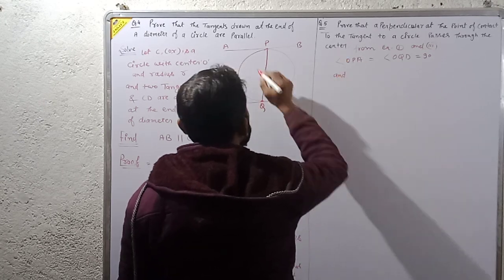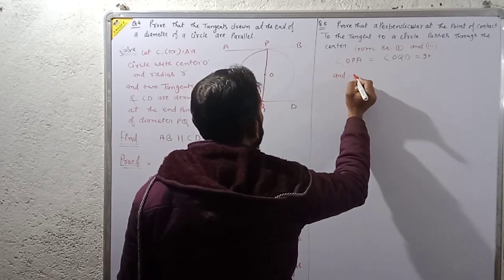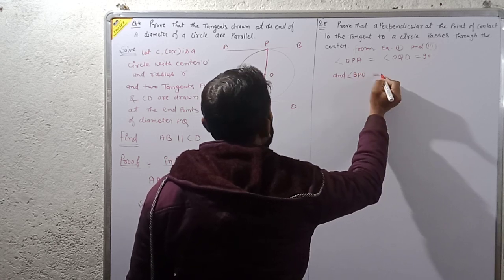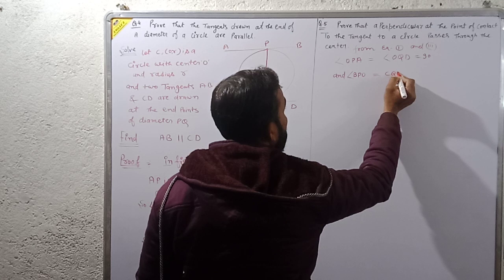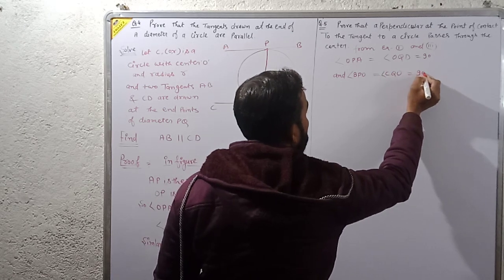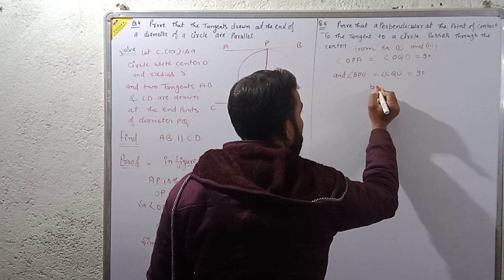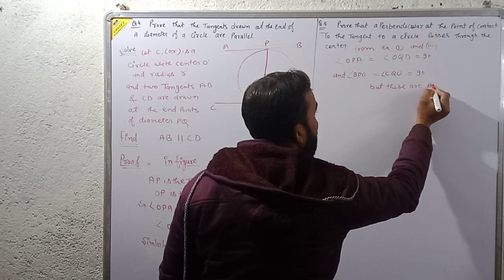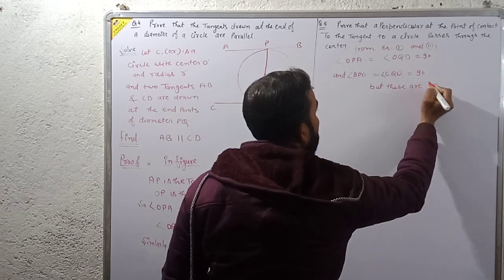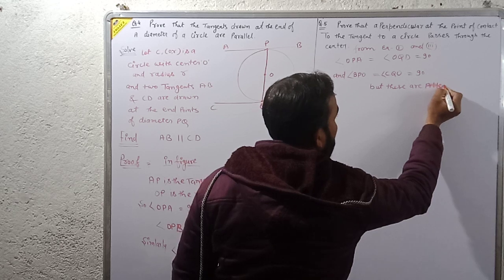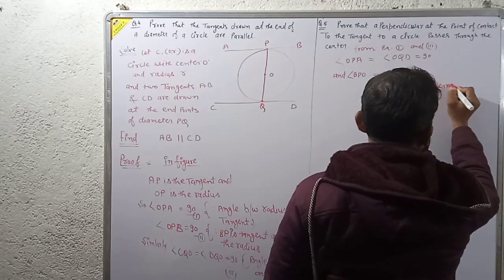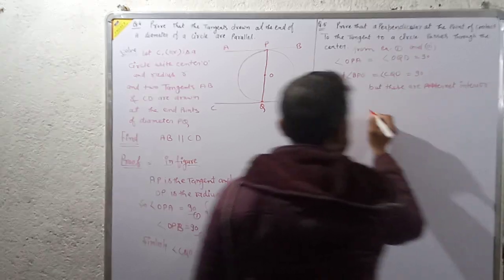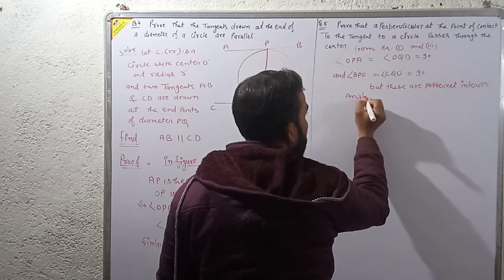And angle BPO is equal to angle CQO, equal to 90 degrees, but these are alternate interior angles.